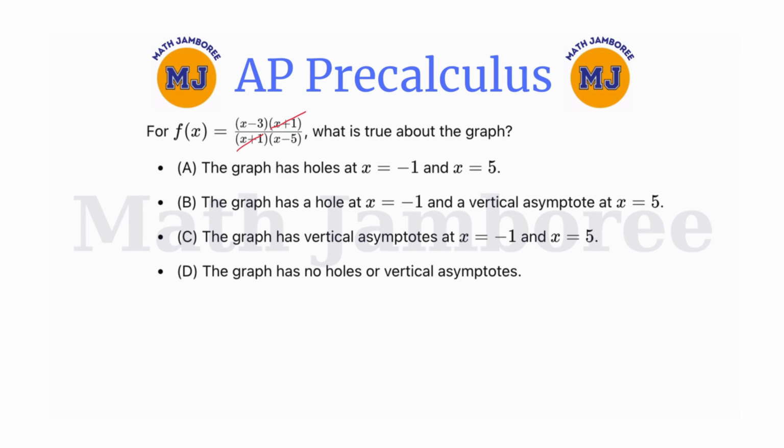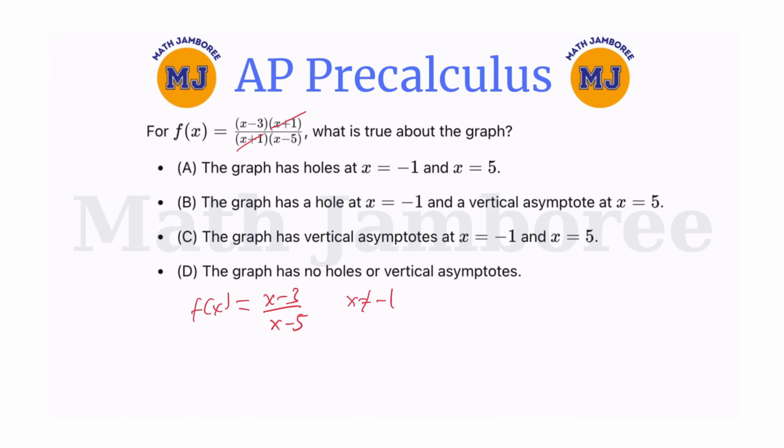So when we cancel x + 1, we are left with f of x = (x - 3) over (x - 5), assuming x is not equal to -1, since the function is undefined at that point due to the hole.